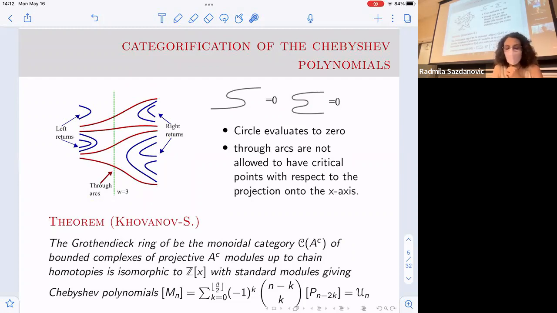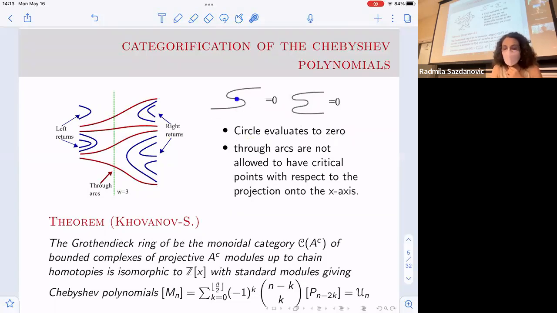They can have left turnbacks, right turnbacks, and a certain number of through strands, which is similar to Temperley-Lieb diagrammatics, except that, and this is one way in which they differ from what we'll be doing now, we're not allowing things like isotopy. So we're going to evaluate the circle to 0.